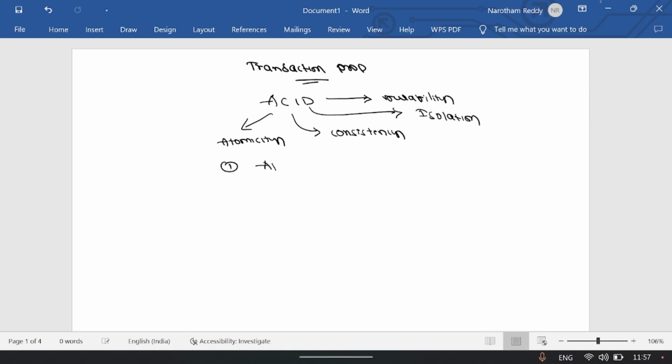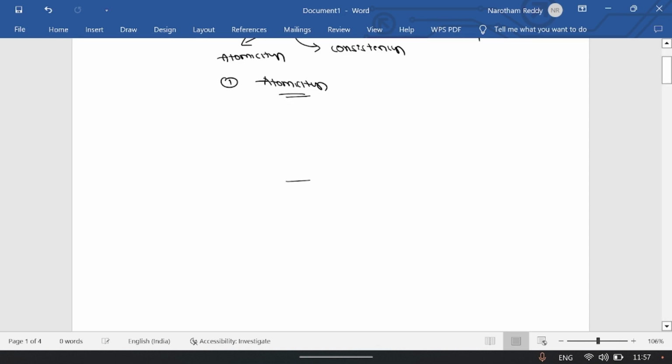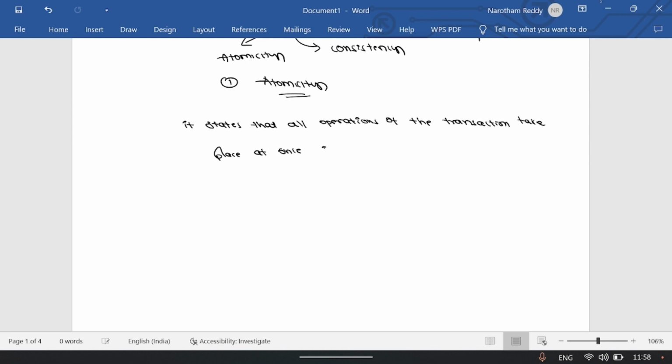First one, atomicity. Atomicity states that all operations of the transaction take place at once. If not, the transaction is aborted.